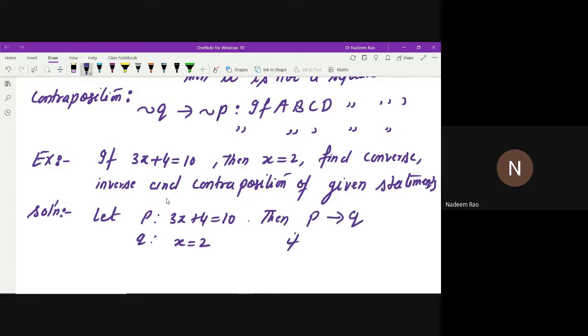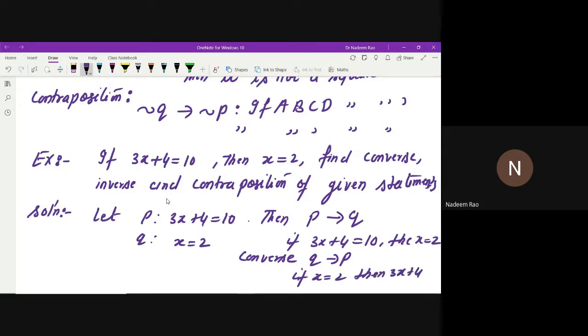If 3x plus 4 equals 10, then x equals 2. What about the converse? Converse is Q implies P. That is, if x equals 2, then 3x plus 4 equals 10.